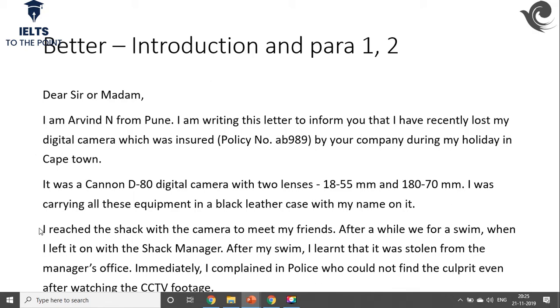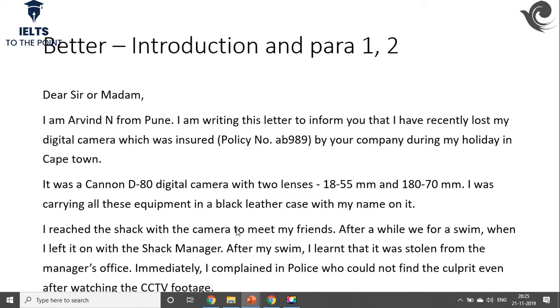Okay. I reached the shack with my camera to meet my friends. Now, you just explained the camera, and if you can connect that camera somehow in the first sentence in body paragraph 2, it would make much better sense.